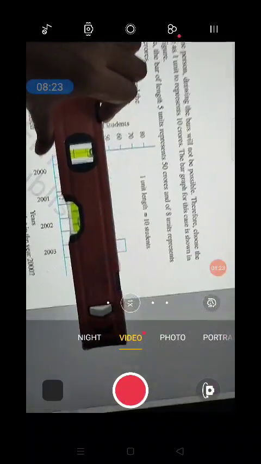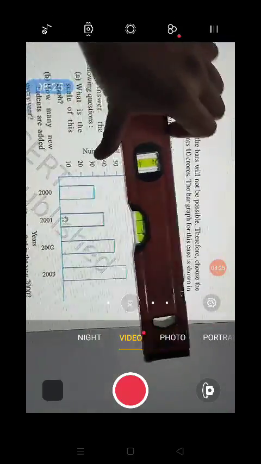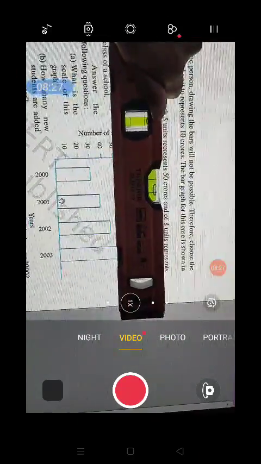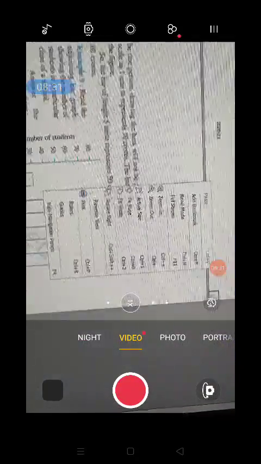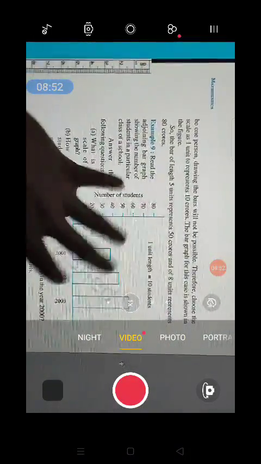So you can put a scale over here, just like this, in order to calculate the number of students. Sorry. I think I messed it up. Okay, we are back now. So number of students in 2002 and 2003 and so on.